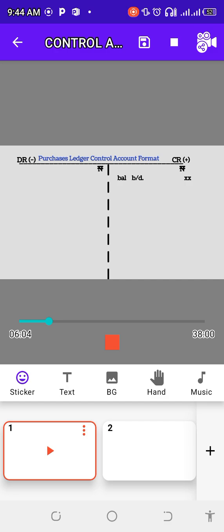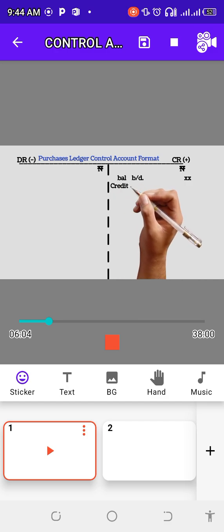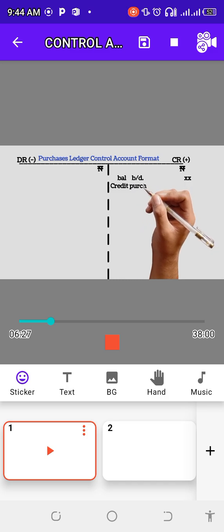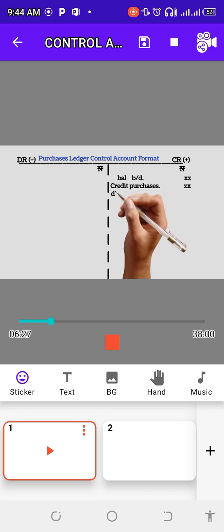Then the next thing that will increase this account is credit purchases. When we buy more on credit, that will increase it, so it will be recorded by the credit side.